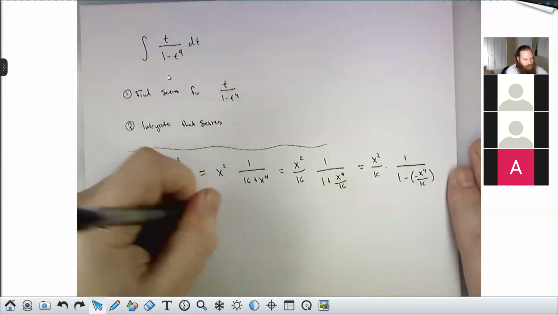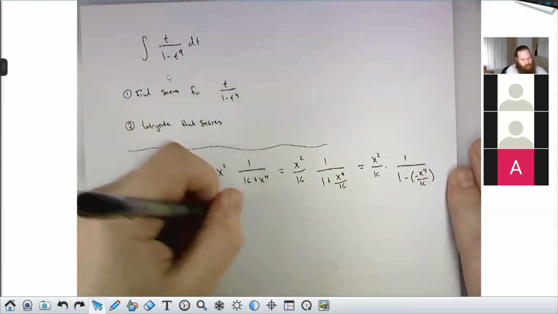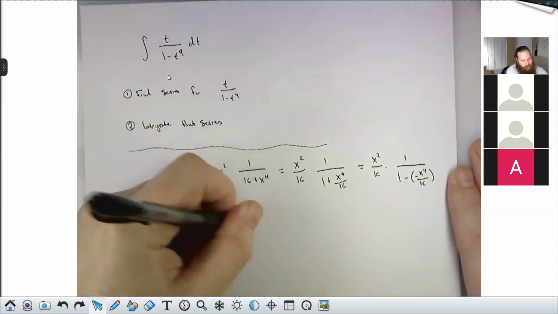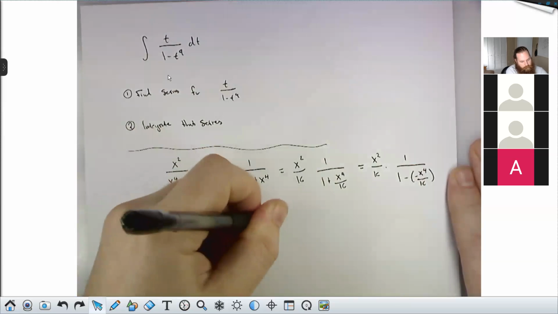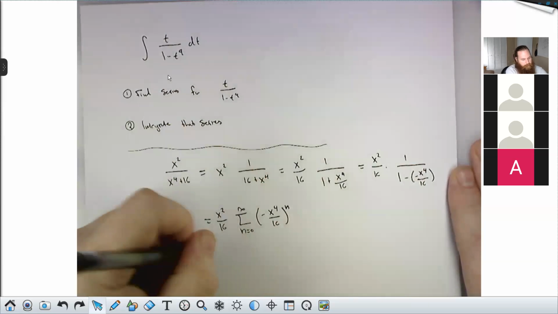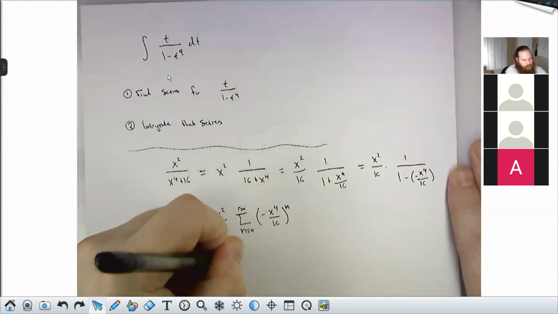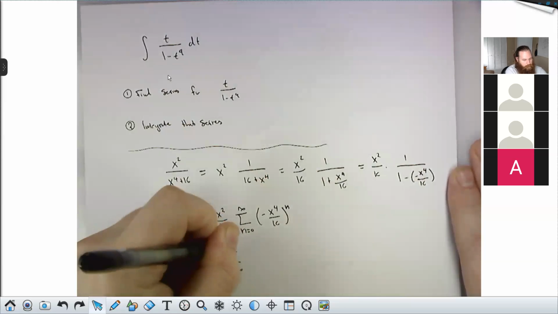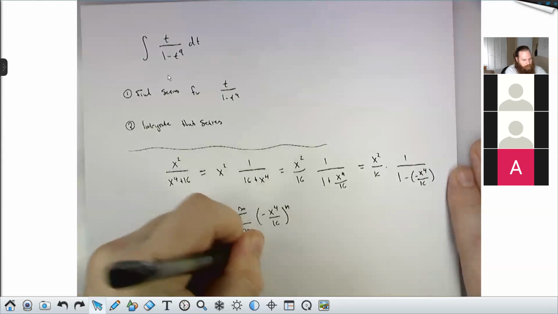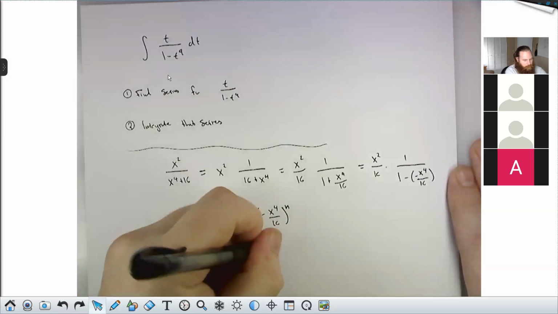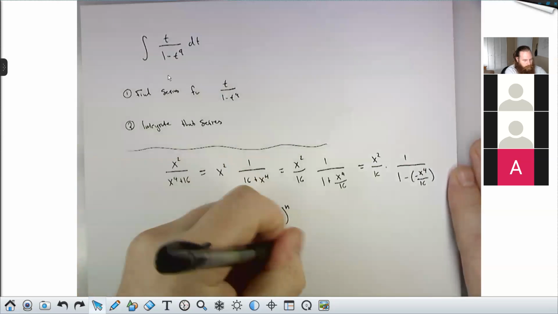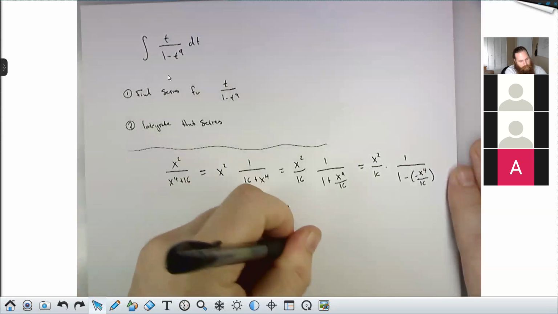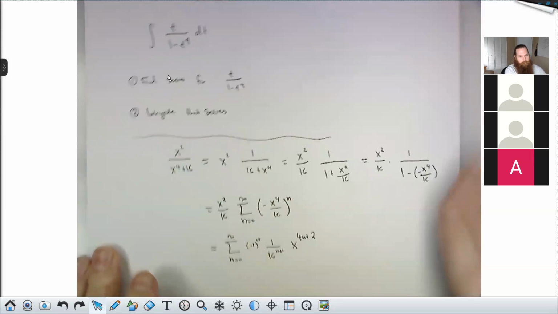So this would be x squared over 16 times the sum from 0 to infinity of negative x to the 4 over 16 to the n, which is the sum from n equals 0 to infinity of negative 1 to the n, times 1 over 16 to the n plus 1, times x to the 4n plus 2. I think we did this last week.